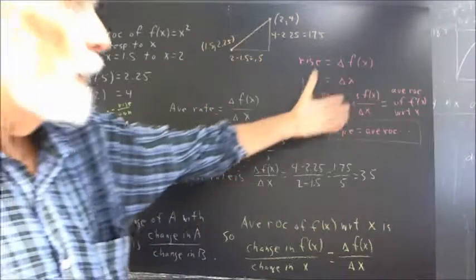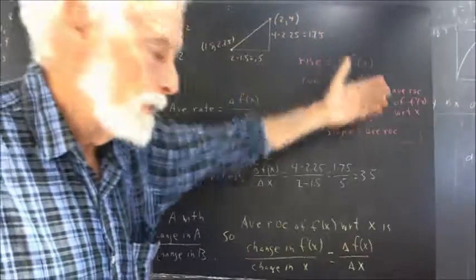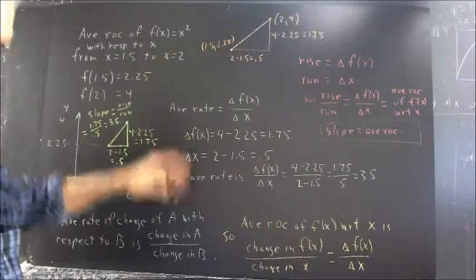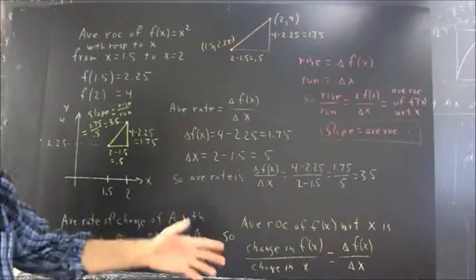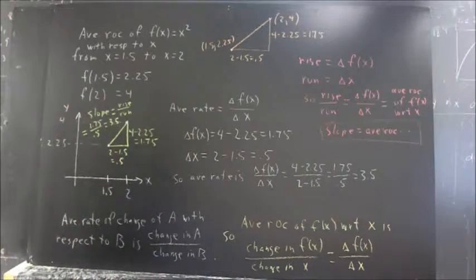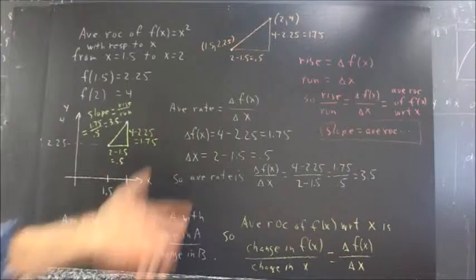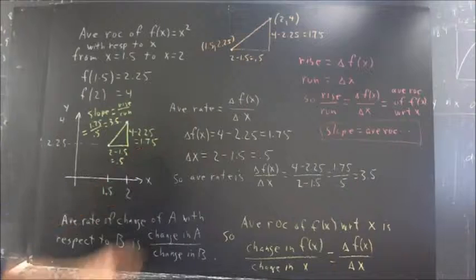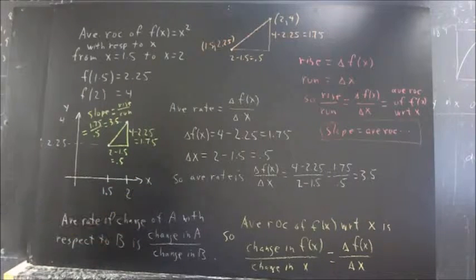But this whole idea of the average rate of change and rates of change and how they relate to the graphs and the slopes and so forth is very, very fundamental to the calculus. It's also very important for applications prior to calculus. So it's really good stuff, and it's stuff you really want to understand.